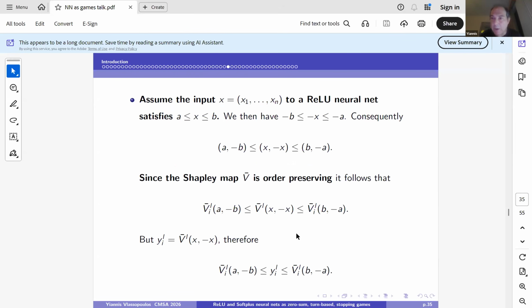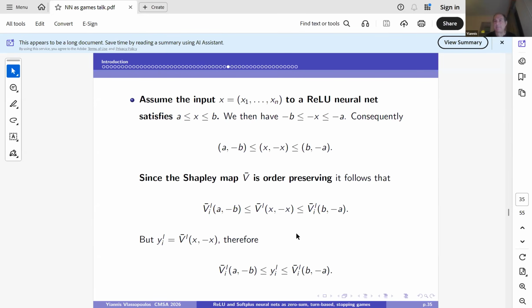Okay, but now let's consider the more general game, and let's say that in this coordinate-wise partial order we have some interval bounds. In other words, let's say that the input x is between some other vectors a and b, which means that coordinate-wise, the coordinates of a are less than the corresponding coordinates of x, and those are less than the corresponding coordinates of b.